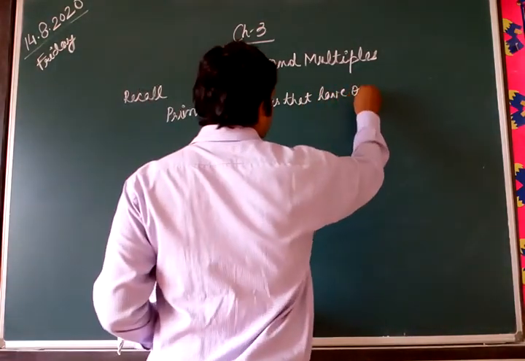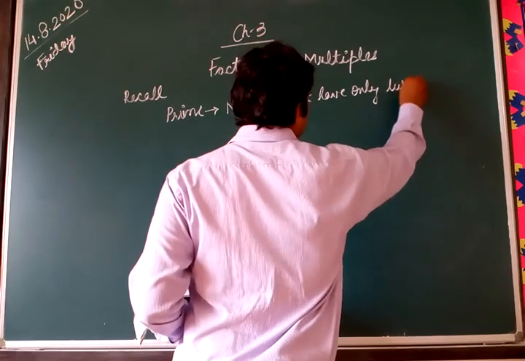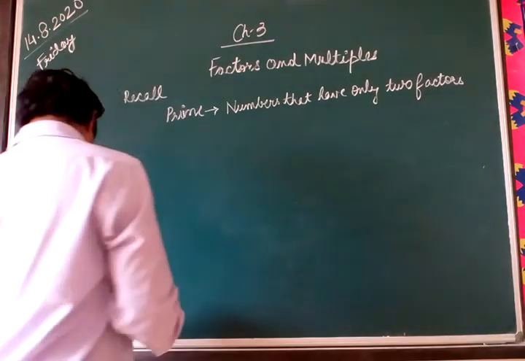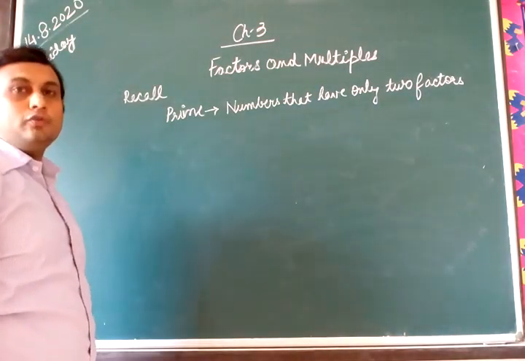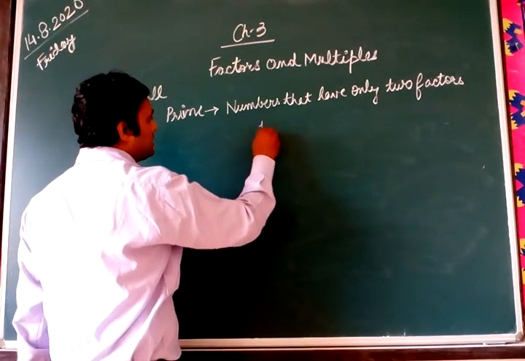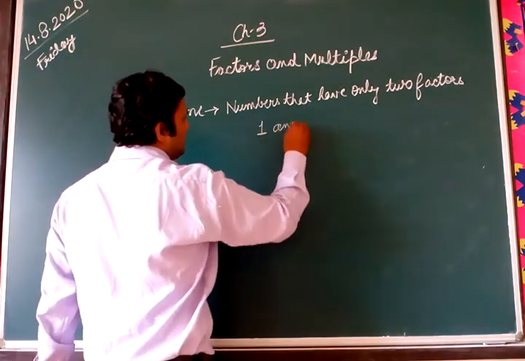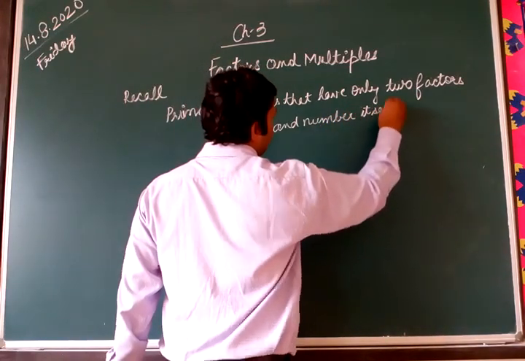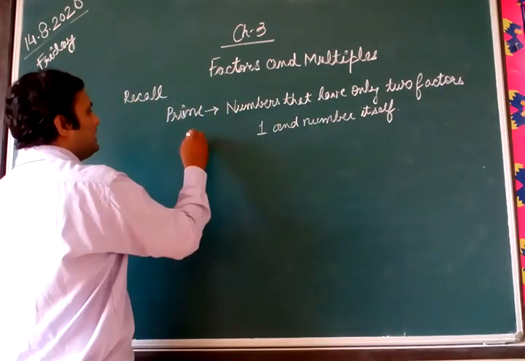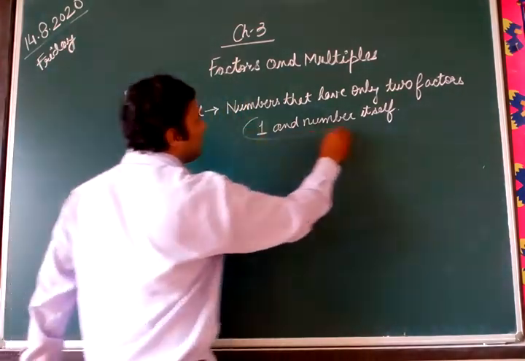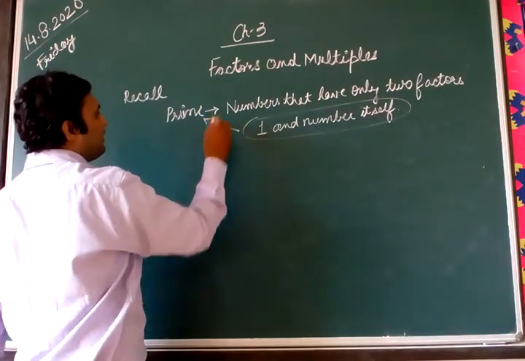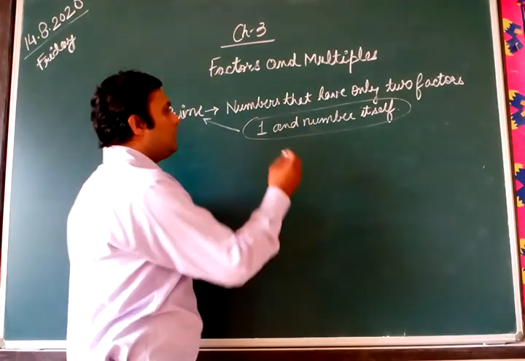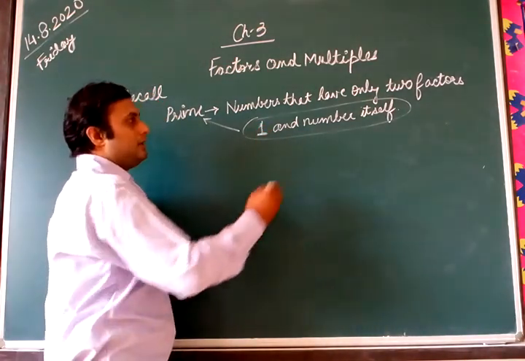The first factor is 1 and the other is the number itself. So if we talk about a prime number, it has only two factors: 1 and the number itself.